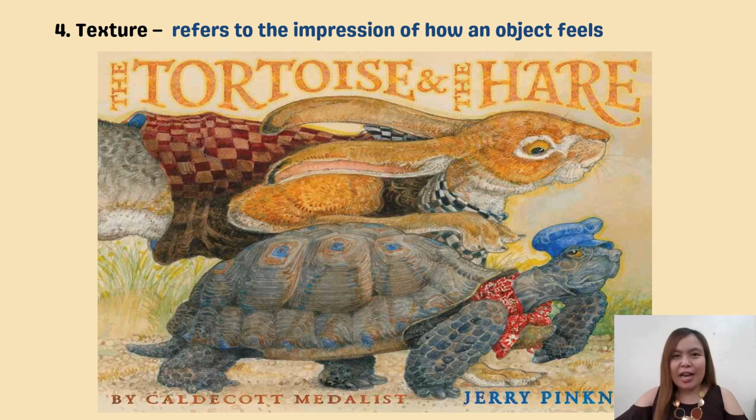Which do you think you would like to cuddle more? Would it be the tortoise or the hare? See, although we cannot physically touch these two animals, the use of texture has made it appear to us as though the tortoise is really hard and scaly, while the hare is soft and cuddly.